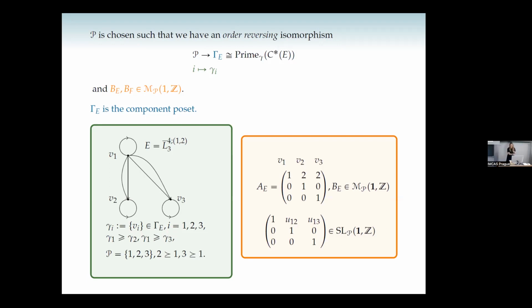And that's what I mean by having this BE and BF in MP. And that's also what we mean by having this standard form. So it's a lot of preparation you have to put into considering the ideals and then writing up your adjacency matrix in that specific form, and then you can start using the theorem. Okay, are there any questions about that?